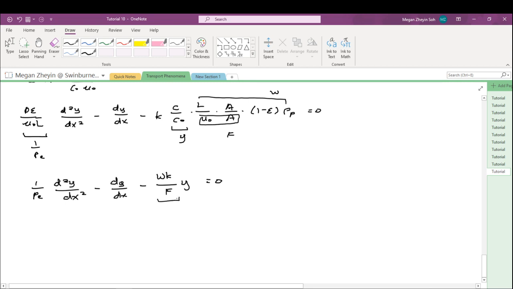And we take this one as your n, to make it easier. So this is actually 1 over PE d squared y over dx squared minus dy over dx minus ny equals 0. So this is your model 2.